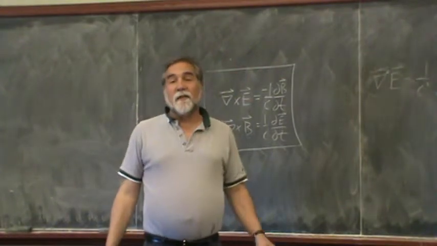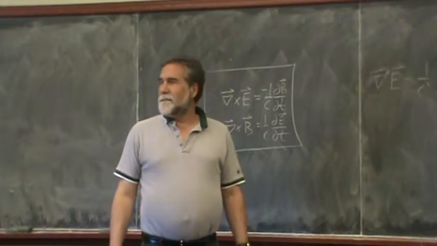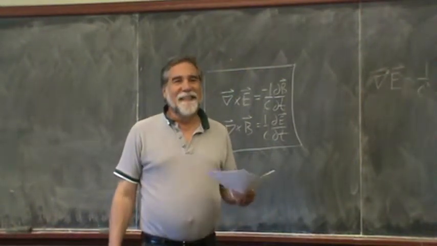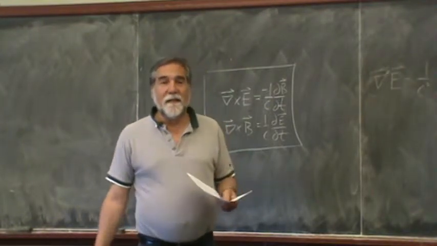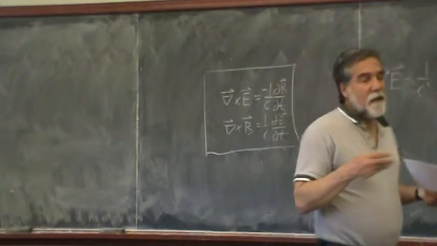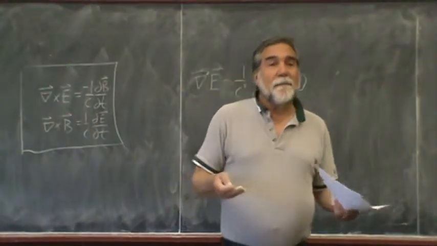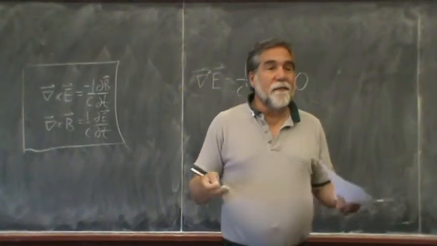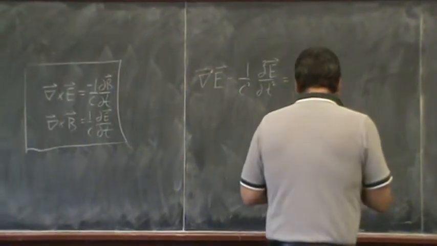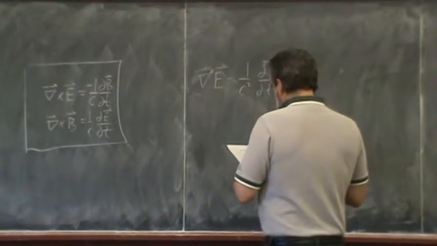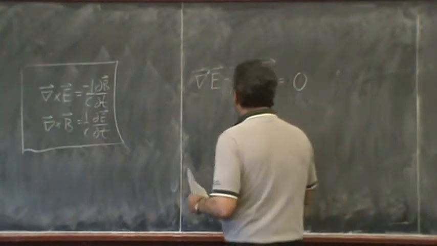And we're going to seek solutions that oscillate harmonically, because we can create any pulse solution that we like out of solutions that oscillate harmonically. So what do I know? I'm going to seek a solution.